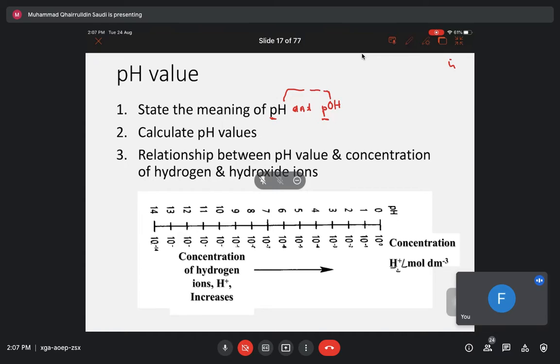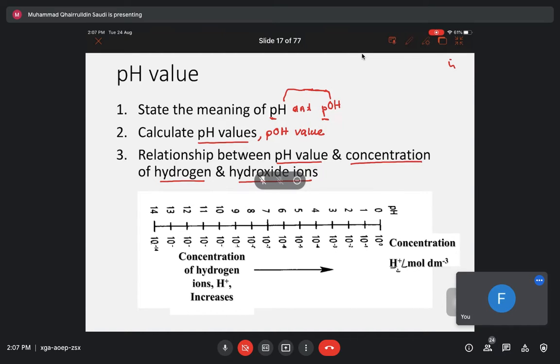Nanti kita tengok kenapa. Right? And then you have to know how to calculate the pH values, pOH values, and anything in between. And you also have to know the relationship between pH value and concentration of hydrogen and hydroxide ions.